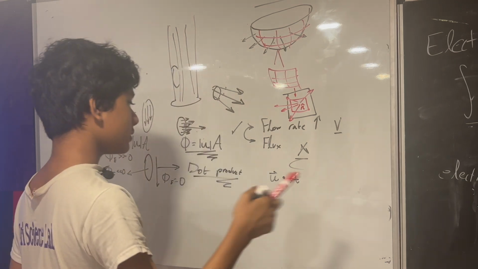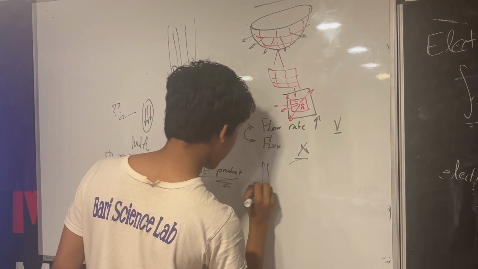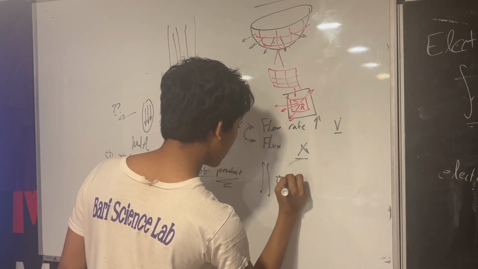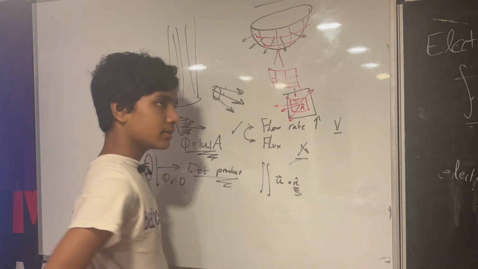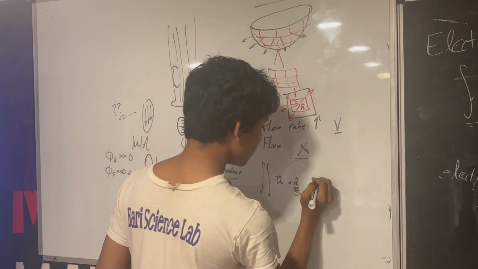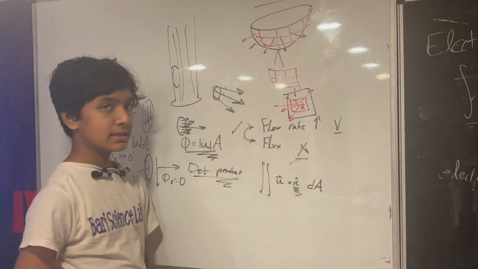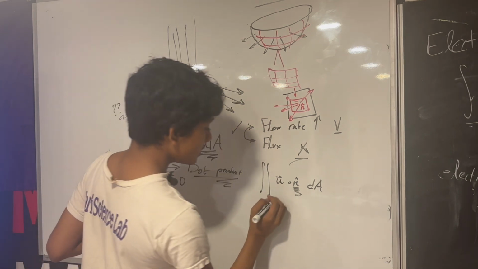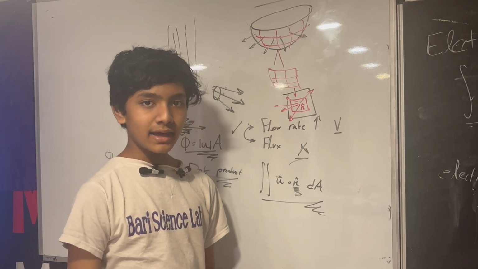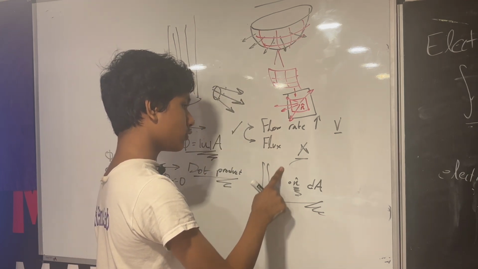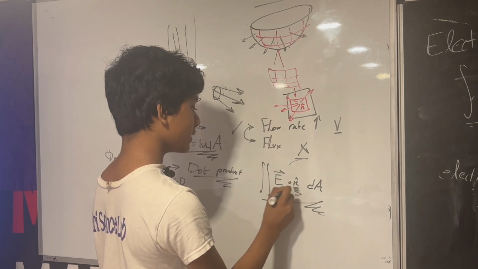We can take the flux to be the integral over area of the velocity field dot the unit vector field multiplied by dA. Okay, so this is the velocity flux. And if you want to find the electric flux, you replace the velocity field with the electric field.